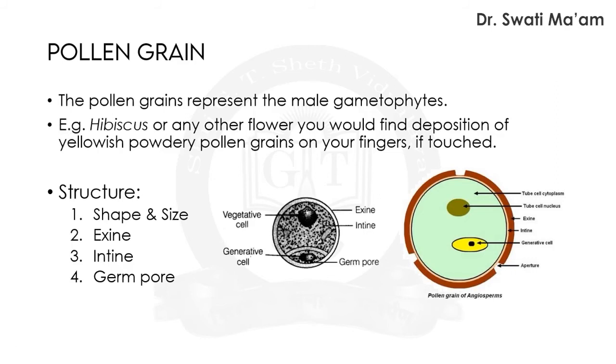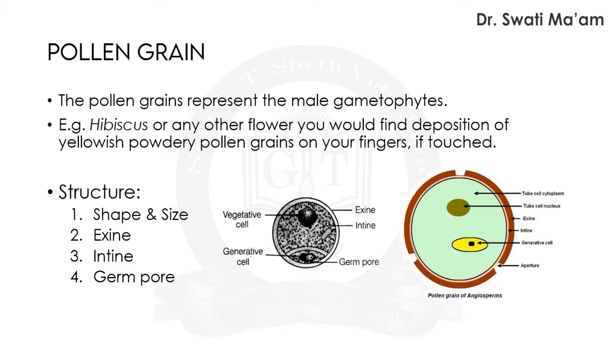We find dusty or yellowish powdery particles, which are actually pollen grains. When we touch any flower part, some dusty particles stick to our fingers. They are nothing but pollen grains. We can even make a slide. In practicals you must be following this practical for making a slide of pollen grains. The germination of pollen grains we will also learn.